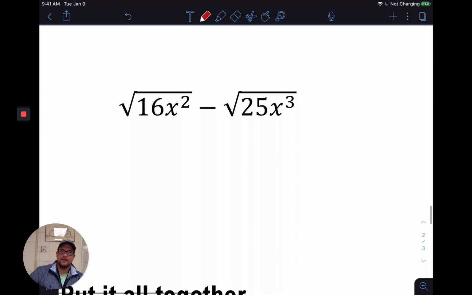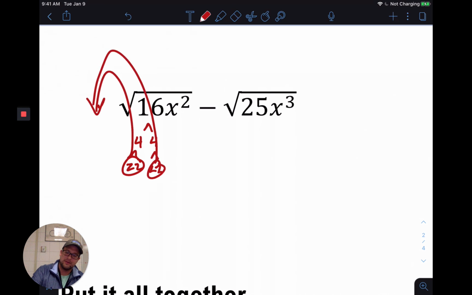Looking at another one here, we see some square roots that are actually maybe a little bit nicer to work with. Square root of 16 x to the second minus the square root of 25 x to the third. So let's break these down like we have been. So this would be 4 and 4, 2 and 2, 2 and 2. Remember, anytime I have a pair, I can pull it to the outside.